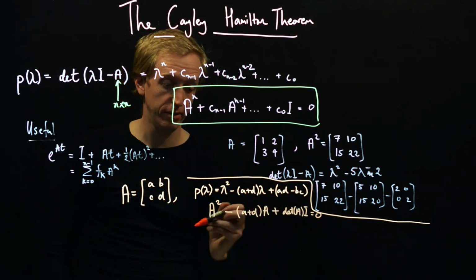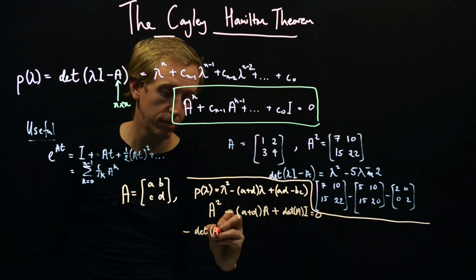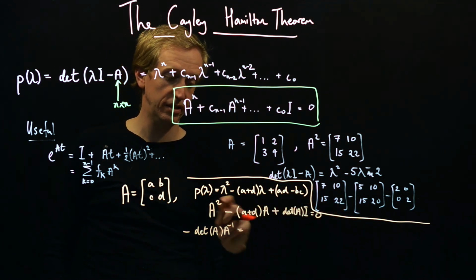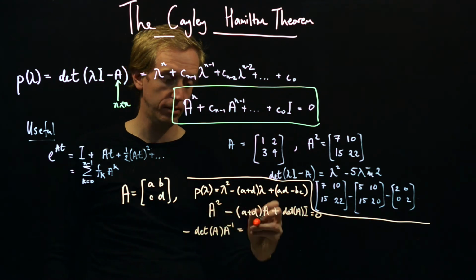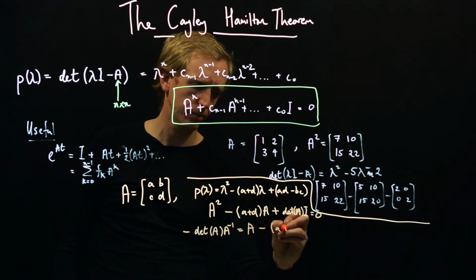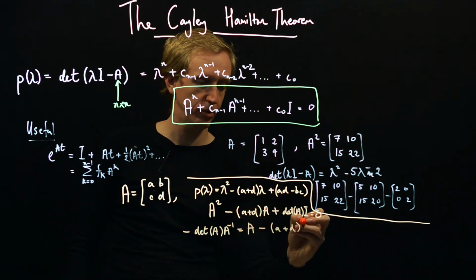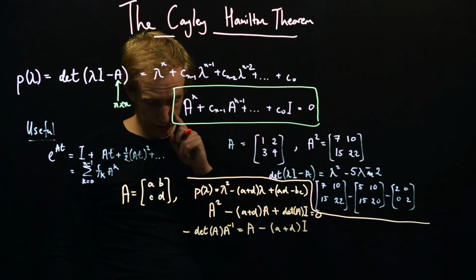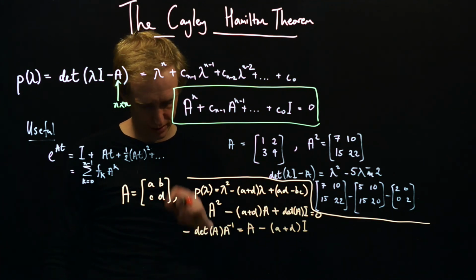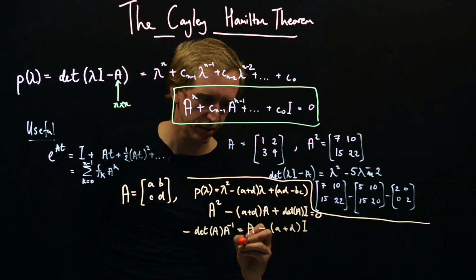Well, we would find that minus the determinant of A multiplied by A inverse, so that's this term here but pulled onto the other side, is equal to, multiplying through by A to the minus 1, just A minus (a plus d), and we just had a power of A there, so here we just have the identity. So it seems something is a bit suspicious here, but maybe not. Let's just carry on and hope for the best.